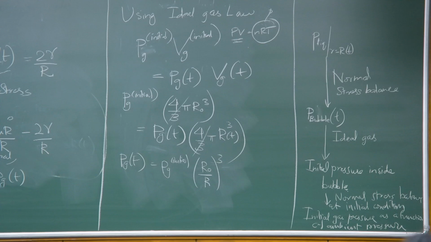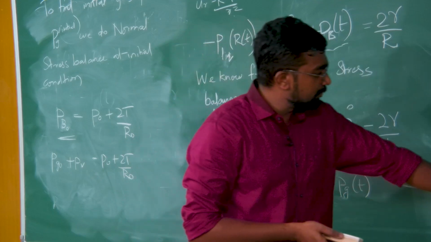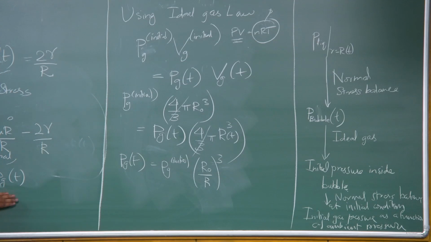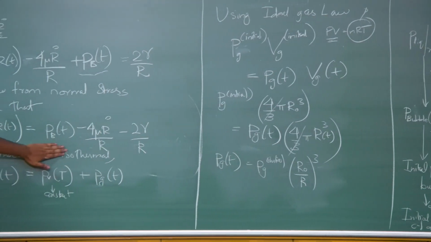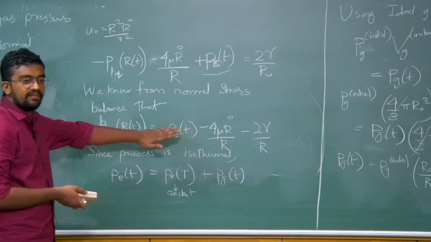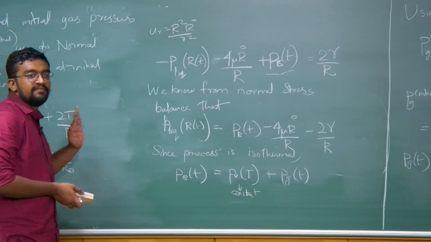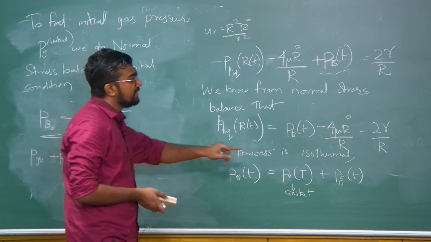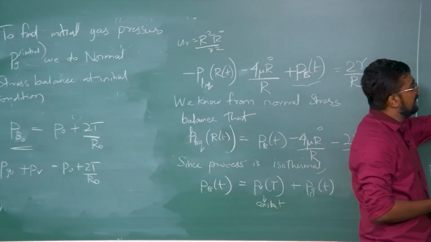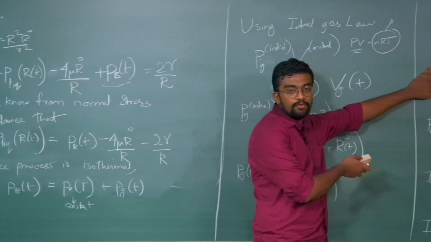So, now we have a couple of equations we need to substitute backwards. What we will do is substitute this Pg of t here, and then substitute this Pb here, and then we will get the Rayleigh-Plesset equation. Okay. That is the main algorithm to find the P liquid at R equal to R of t.